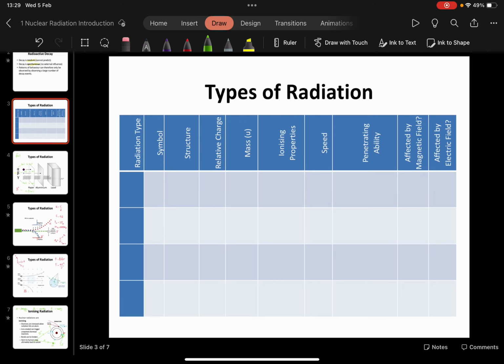So, for example, when you do the alpha particle, you're going to say that it's got a relative mass of 4, and when you're doing beta minus, you're going to say it's got a relative mass of approximately 0. It's not 0, is it? It's about 1,860 times less than that of the neutron, but it's close enough to be considered 0. So that's your next job, to start populating that table.